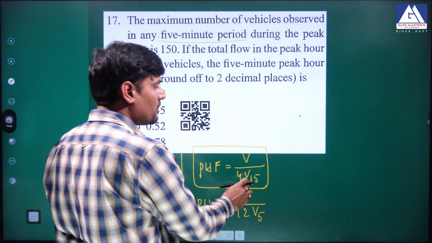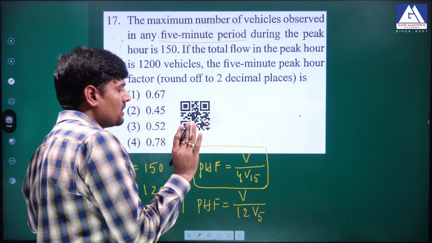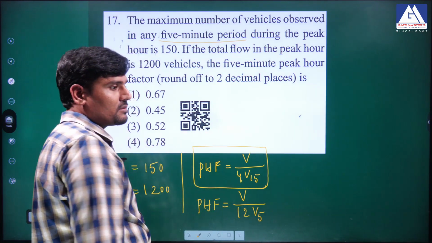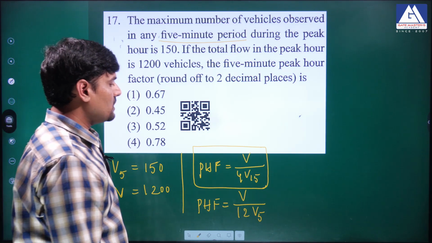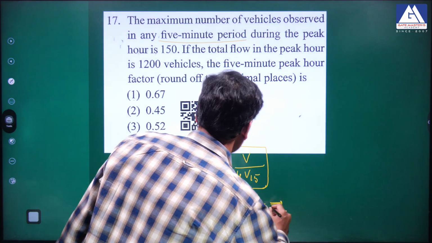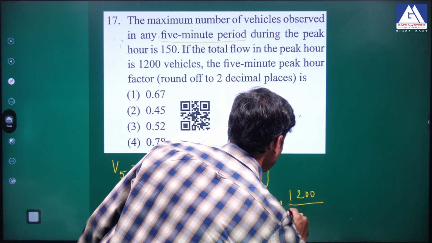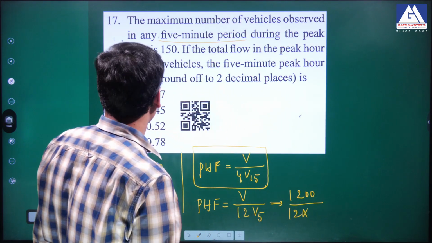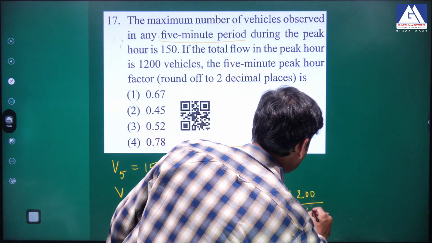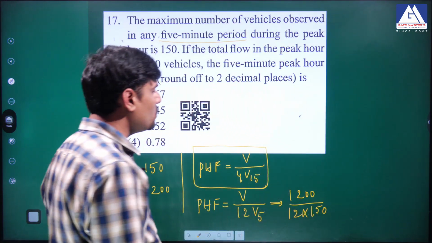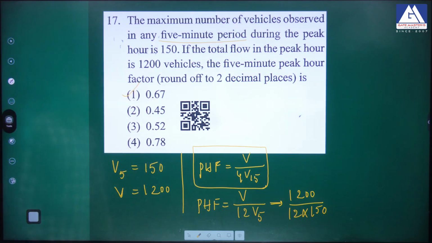If we consider only 15-minute time intervals, then in a given hour there can be only 4 such intervals. In this case we have 12 5-minute traffic intervals. So it can be calculated like this: 1200 divided by 12 into V5. What is V5? V5 is 150. If we do this, we get the option 0.67. Moving on.